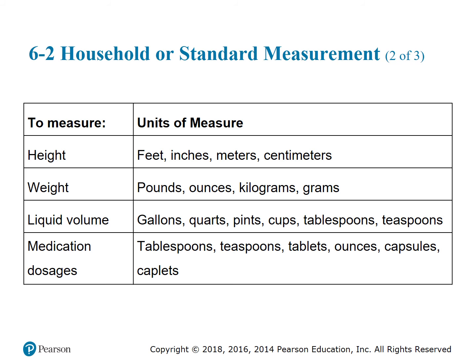Liquid volume can be measured using gallons, quarts, pints, cups, tablespoons, and teaspoons. There's also liters, right? And then medication dosages, we can measure those by the tablespoon, the teaspoon, a tablet, an ounce, a capsule, a caplet, and also milliliters, milligrams, micrograms, those kinds of things.